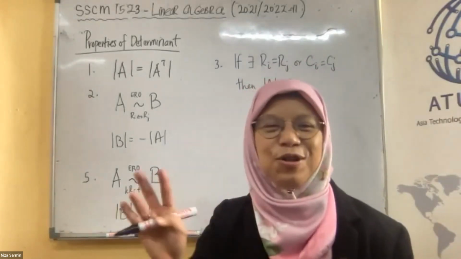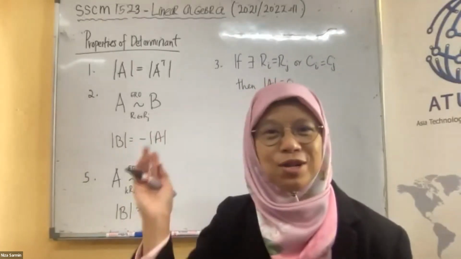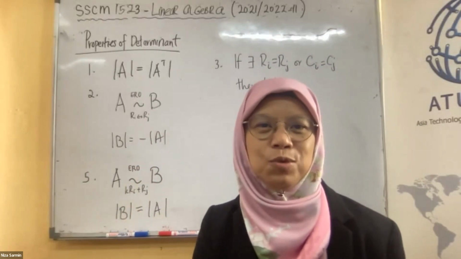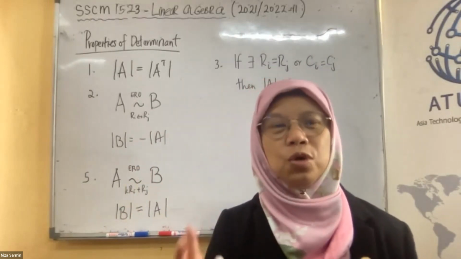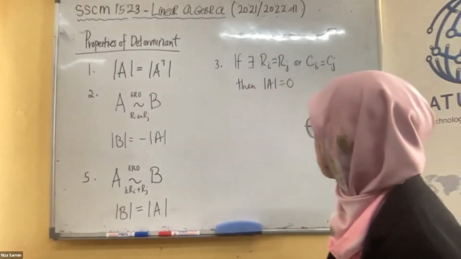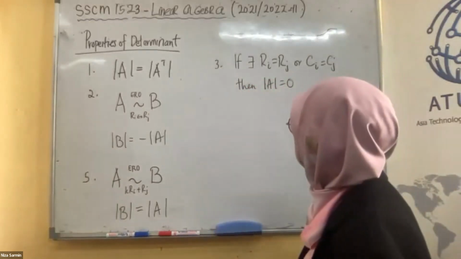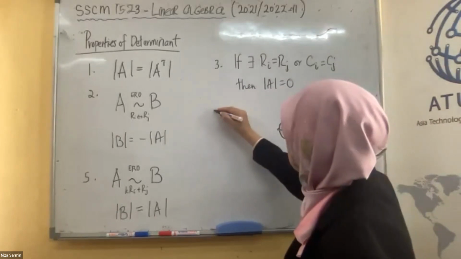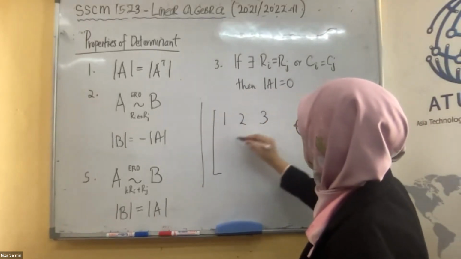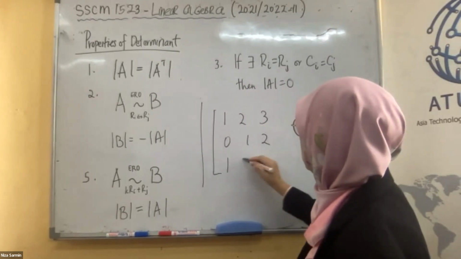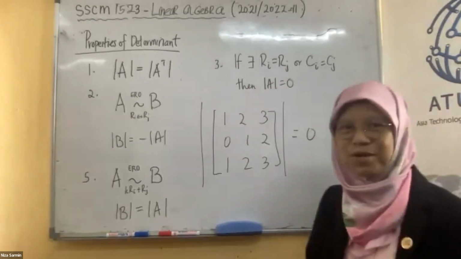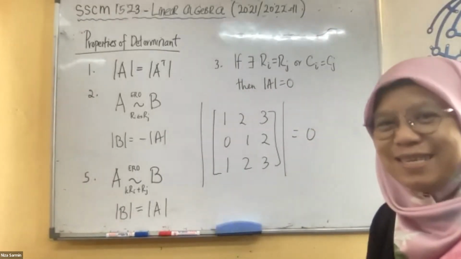Probably they're all zeros, right? Or probably they're all like diagonal. So in this class, we don't restrict to only like 2 by 2 or 3 by 3, right? So as an example, if you have like 1, 2, 3, 0, 1, 2, 1, 2, 3, I know this is 0. By the property.